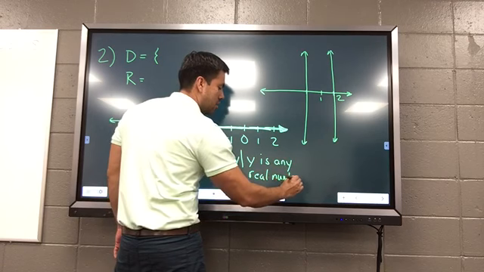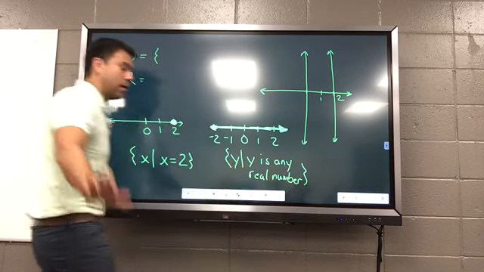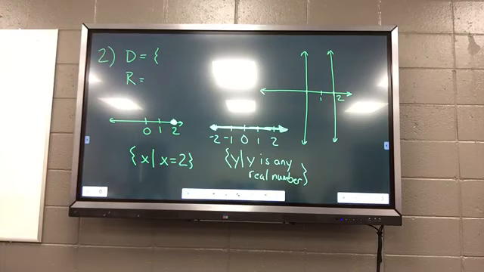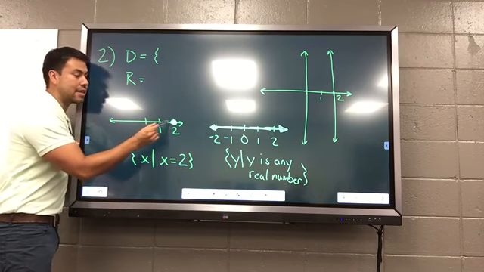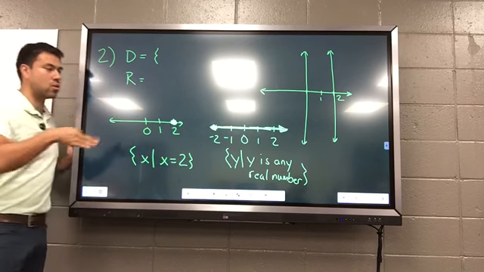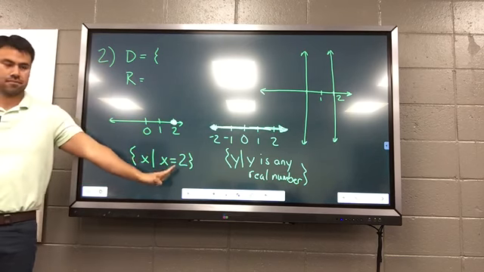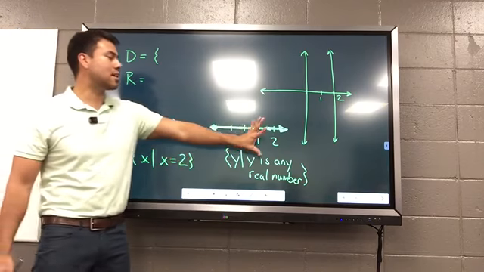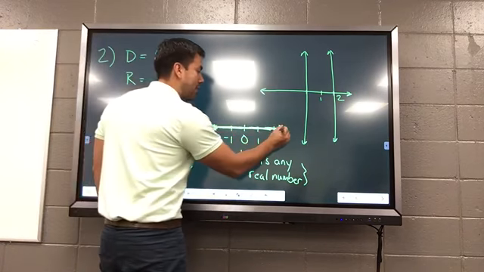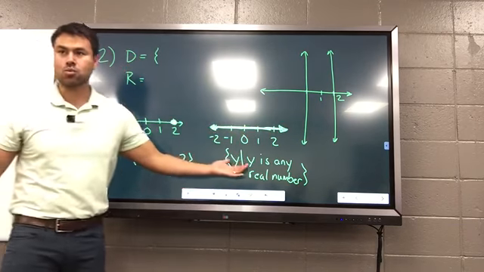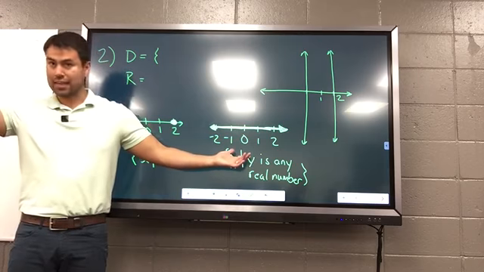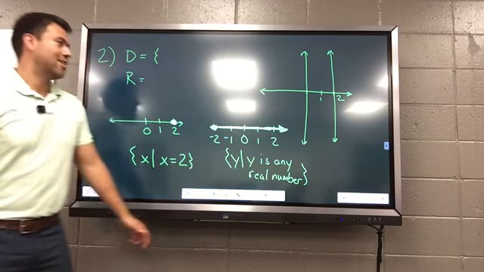Do you get that? How many of you get this one? Raise your hand if you get this part. X is any number such that X is just equal to 2. There's no other value for X to be, right? This one might be tough, but if I had a graph where everything's shaded, what can Y be in this case? Y can be anything, right? It can be anything.